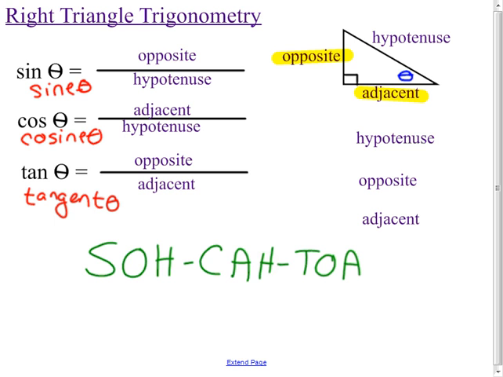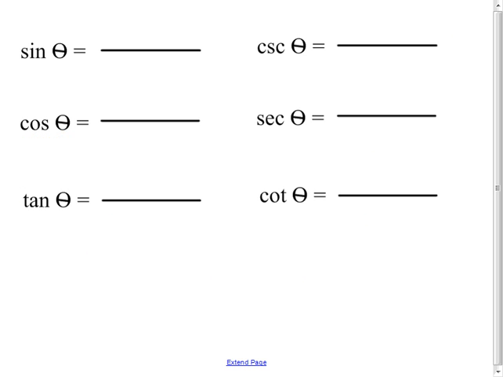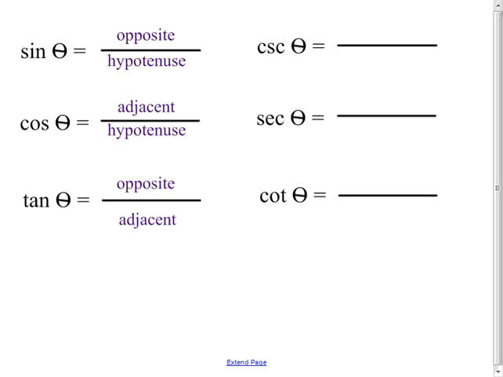Those are 3 you should be very familiar with. Then we have to feel comfortable with the other 3, the reciprocal functions, the reciprocals of our three trig functions. So sine is opposite over hypotenuse.